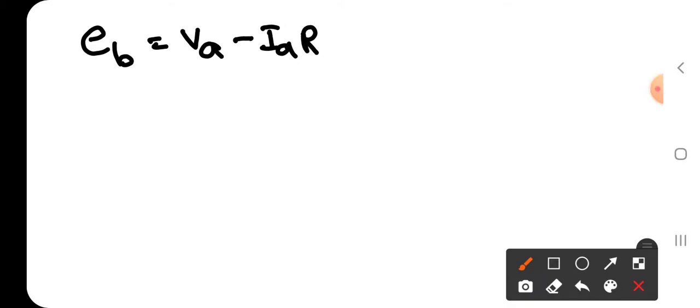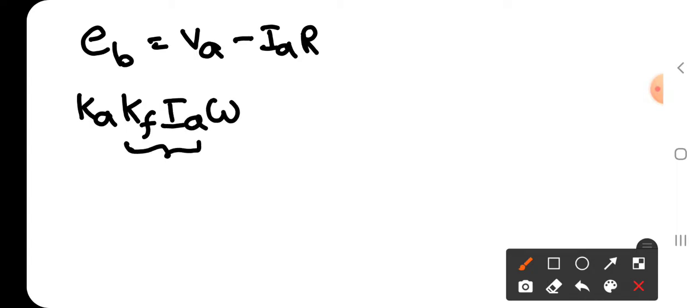Here the back EMF equation is E_B equal to V_A minus I_A into R. Where E_B is equal to K_AF into I_A omega, which is equal to V_A minus I_A into R. Here also I neglected the residual magnetism flux effect.